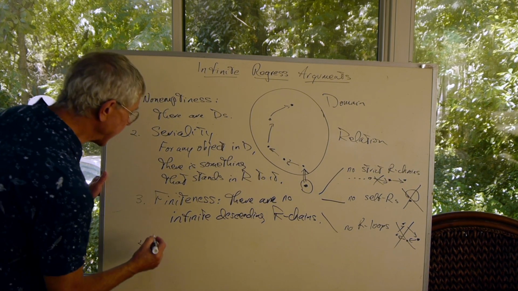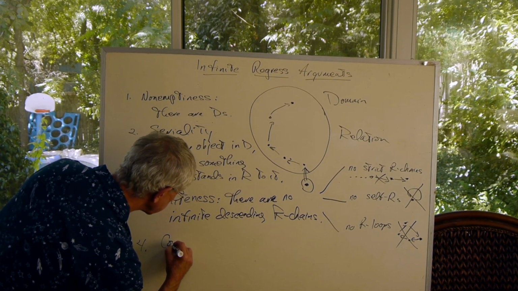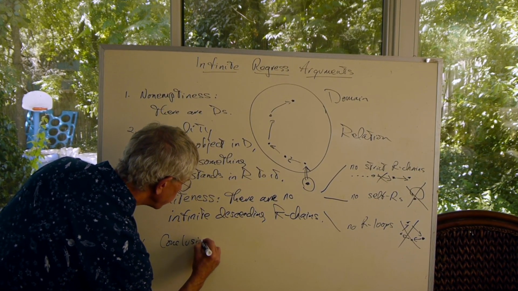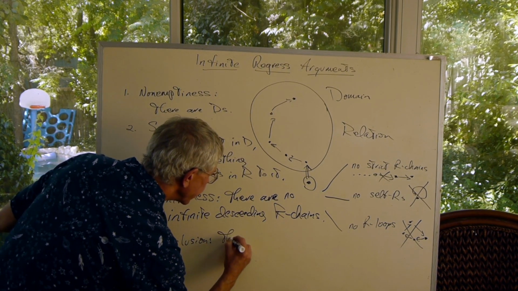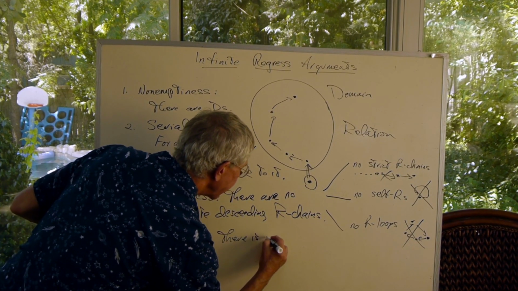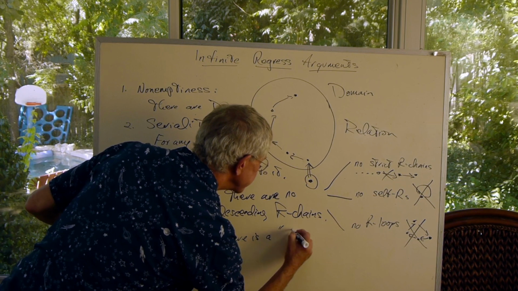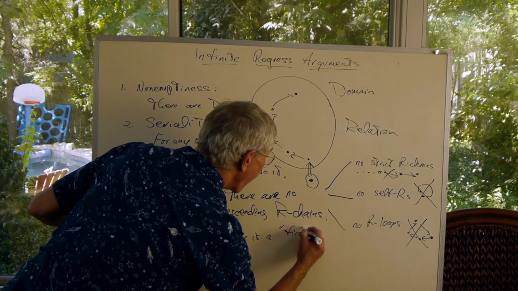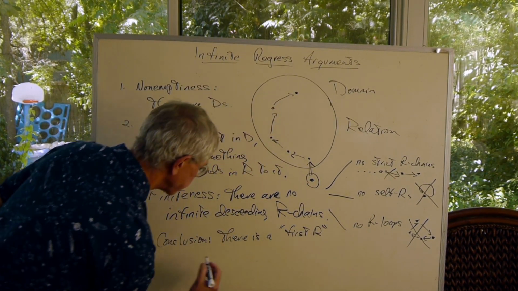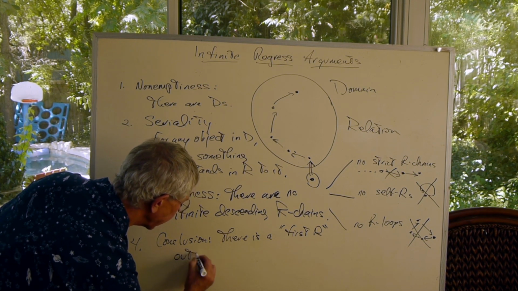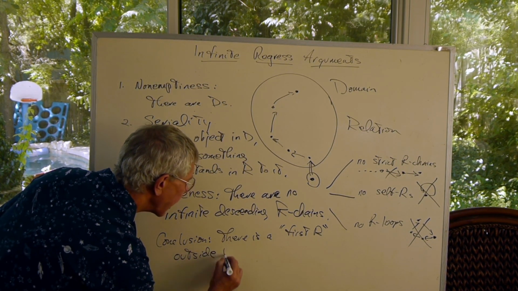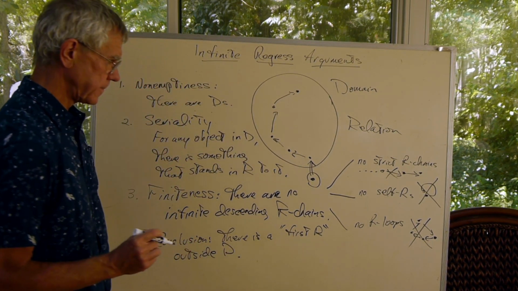So what we could say is conclusion. There is, we could say, a first R outside our class D. Okay?